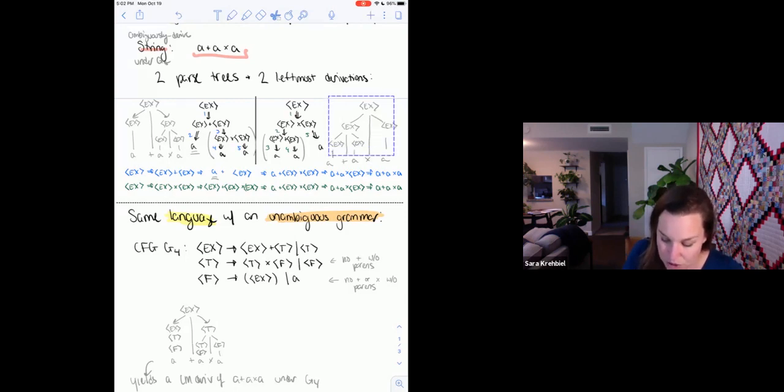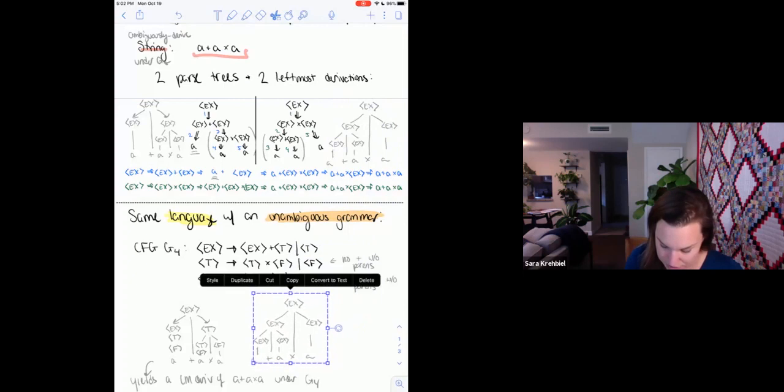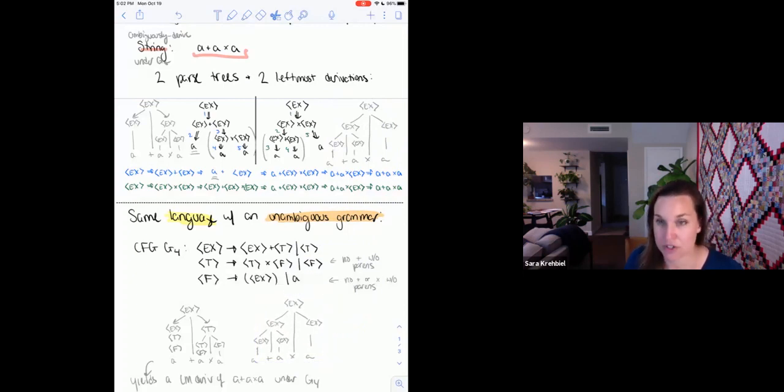Now, what if we tried to do the same thing that we did last time and come up with a tree that looks something like this? So we can go ahead and start with our expression, but recognize that if we want the top level operation to be times, we have to actually convert this expression into a term before that term can be expanded into something times something else.